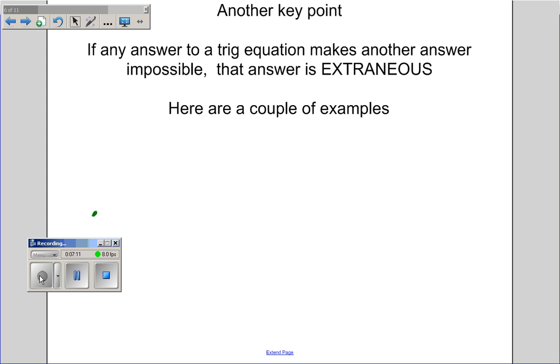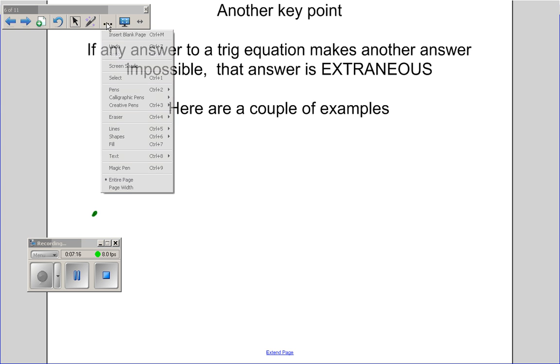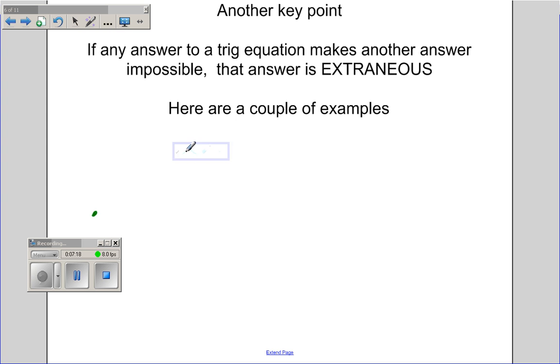Okay, and what I mean by this is, say you came down to something like this, where you got cosine of x equals 0, and then you ended up with the square root of 3 tangent of x equals 1. So this ends up being tangent of x equals 1 over the square root of 3.